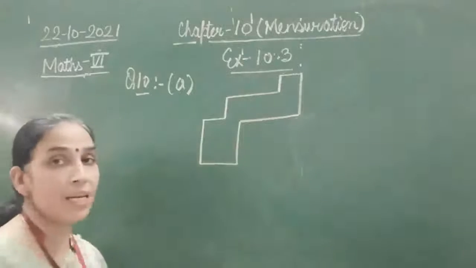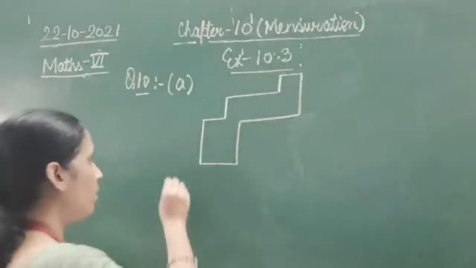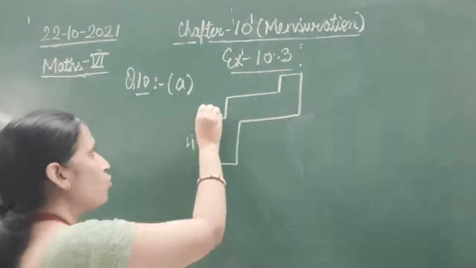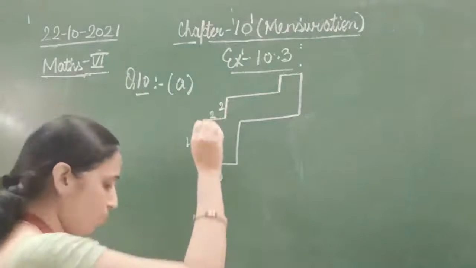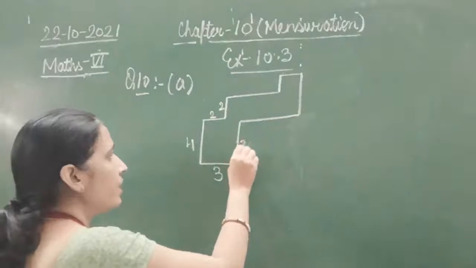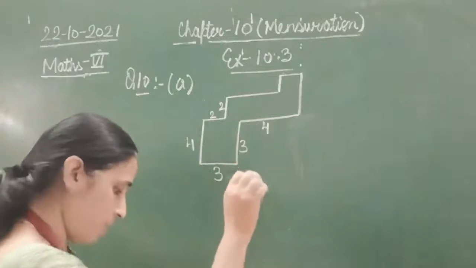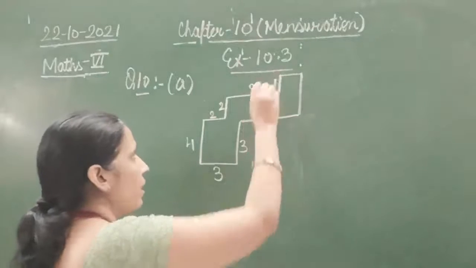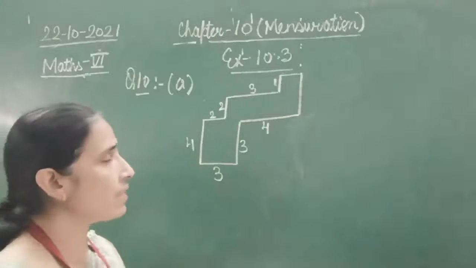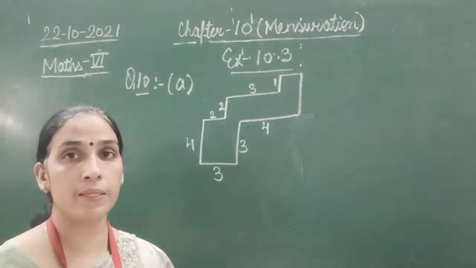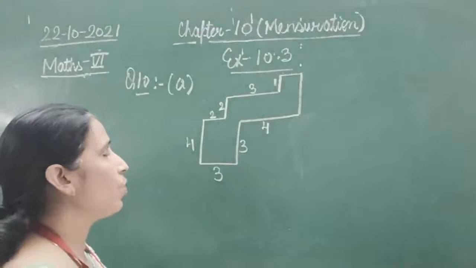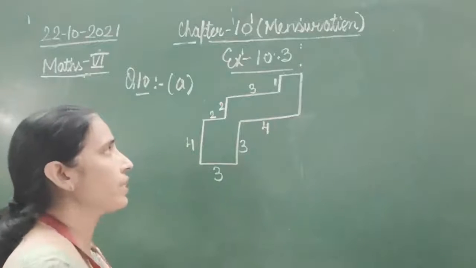Now, each length which is given: here 4 centimeter, 3 centimeter, above it is 2, here also 2, 3, then this one is 4, then this is 3, and then this is 1. So I am going to split this figure into certain figures, and then I will try to find the length of the different rectangles.